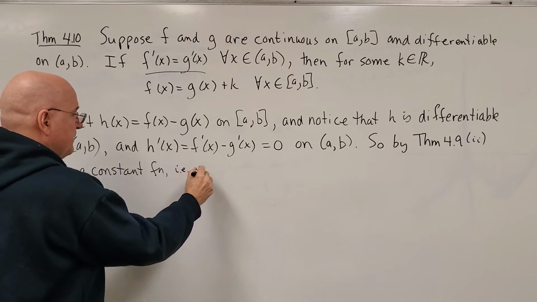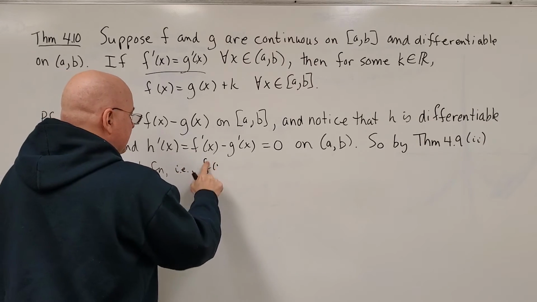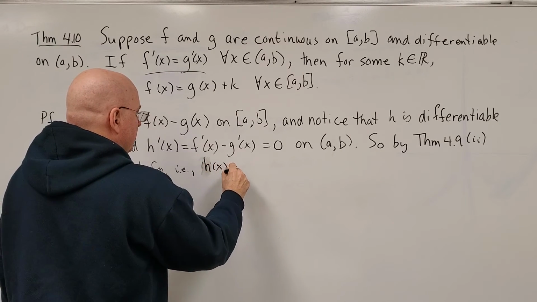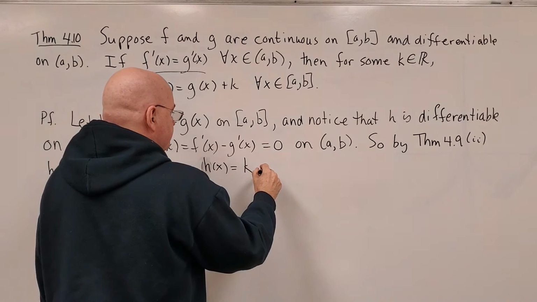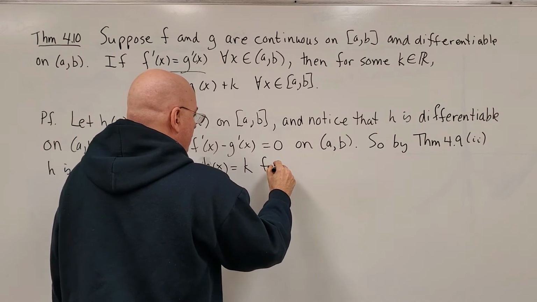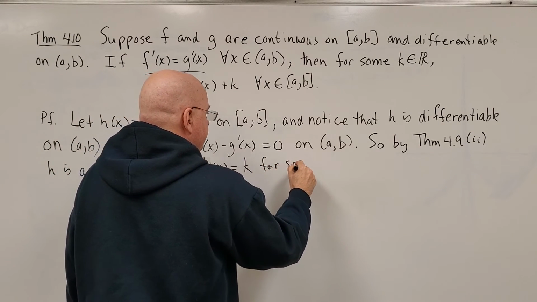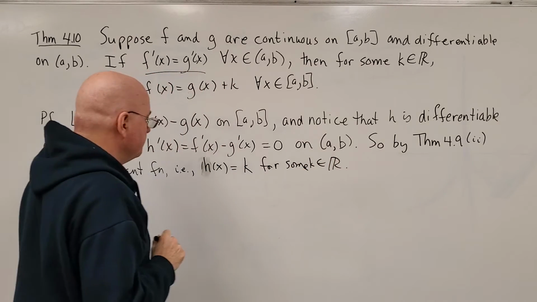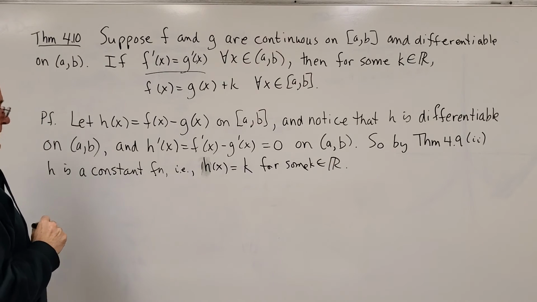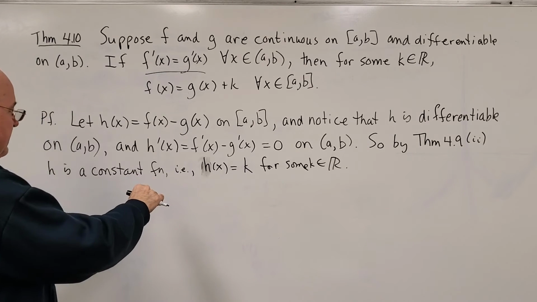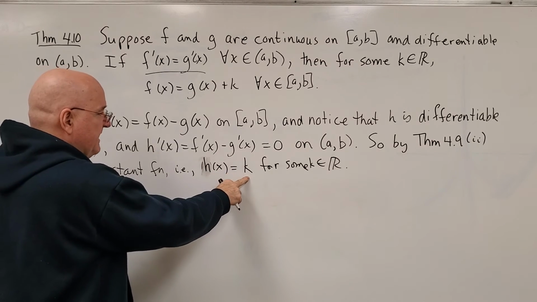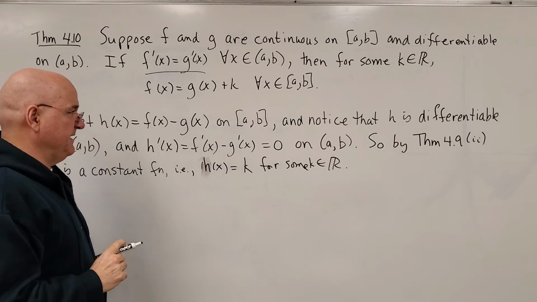That is, h of x is equal to k for some k in the real line. And maybe I should have specified, or at least I'll state, that h of x is equal to k on the interval [a,b].